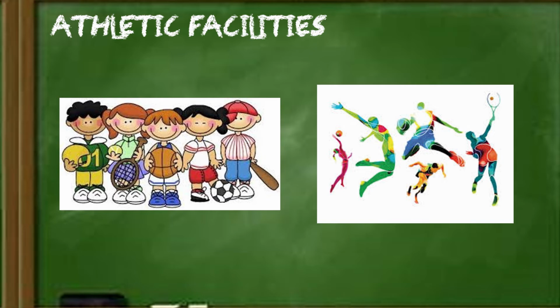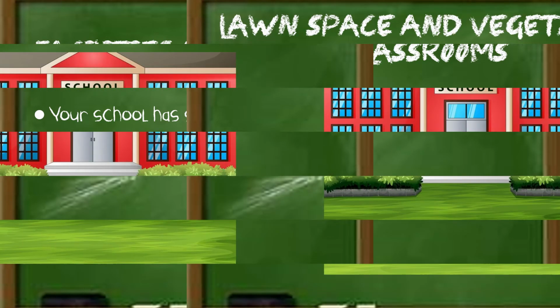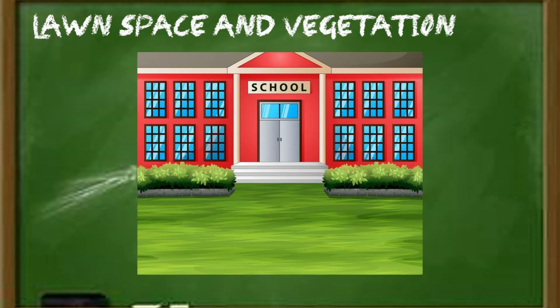of the learners. The last one is, your school has sufficient lawn space and vegetation. Under the manual, the front area in a school site is usually developed and improved to constitute the school lawns. Lawns shall be graded, landscaped, and drained.